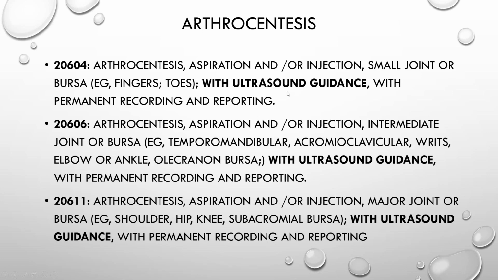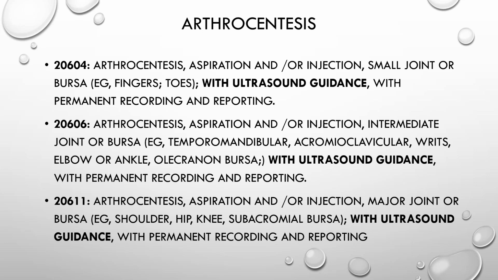You also have the arthrocentesis codes with the ultrasound guidance. So if the nurse practitioner or the MD is using ultrasound to guide the needle, then they would use these codes instead, the 20604, 06, and 11 codes. And again, this is going to be based on the size of the joint.